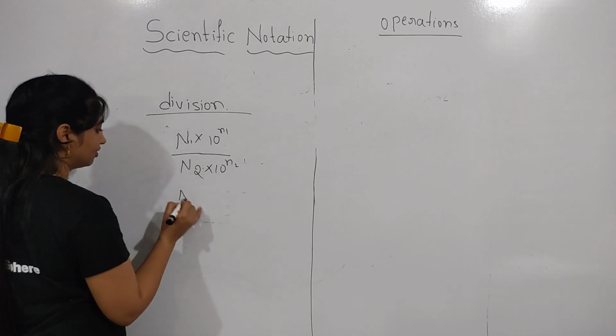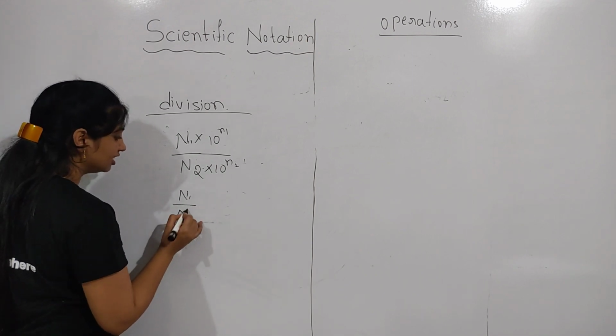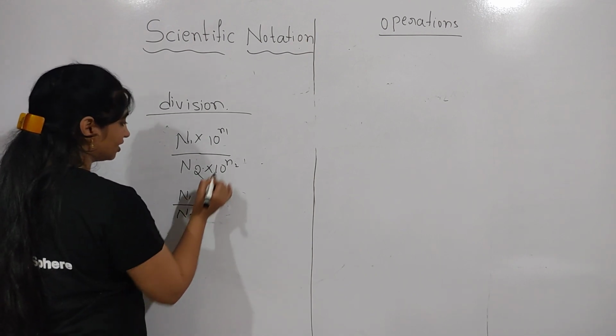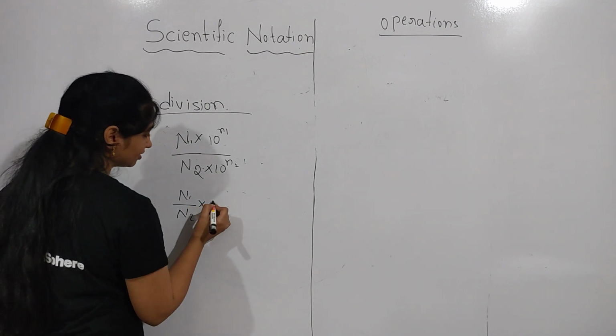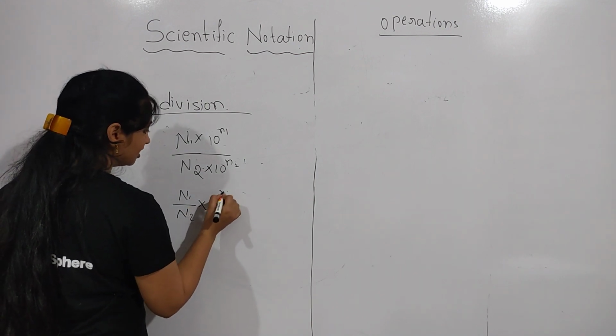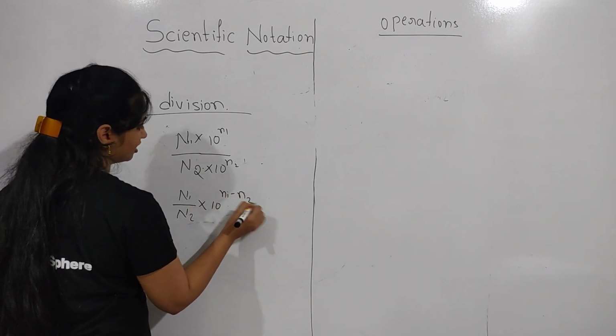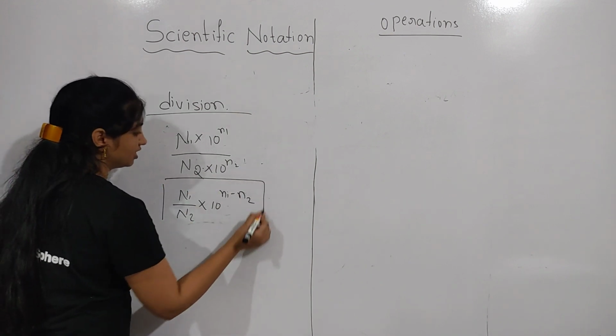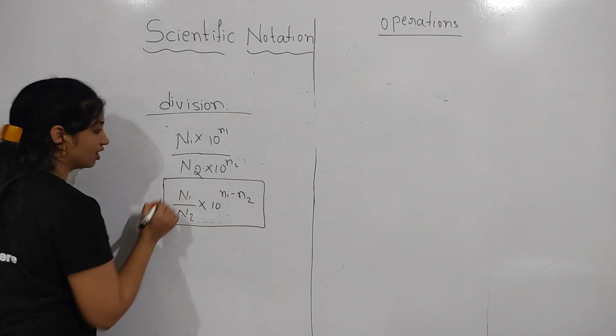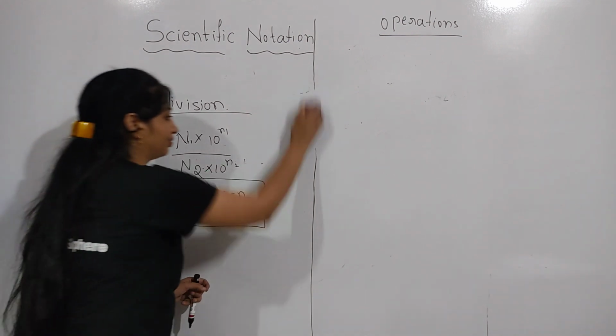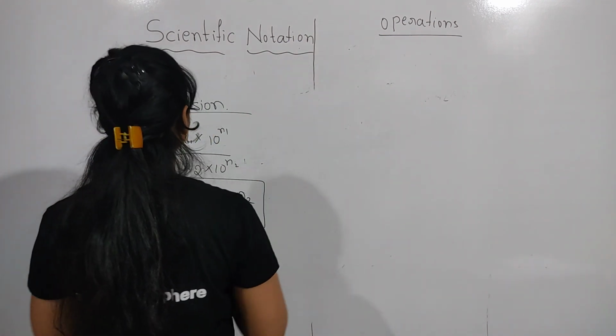Then n1 divided by n2 into 10 raised to n1 minus n2. By using this formula, you solve the example. I wish to take one example here.